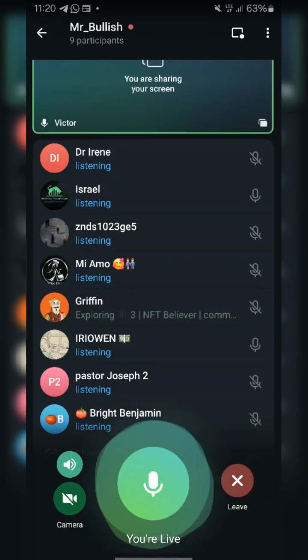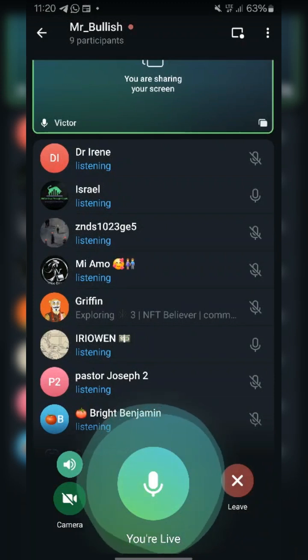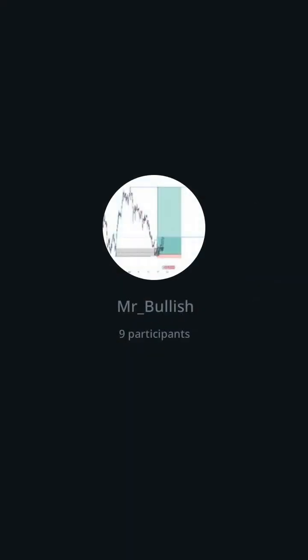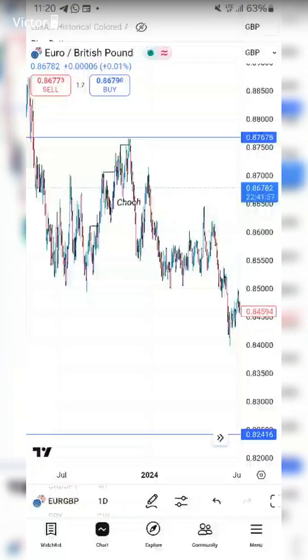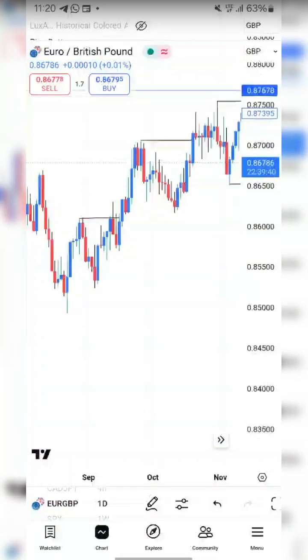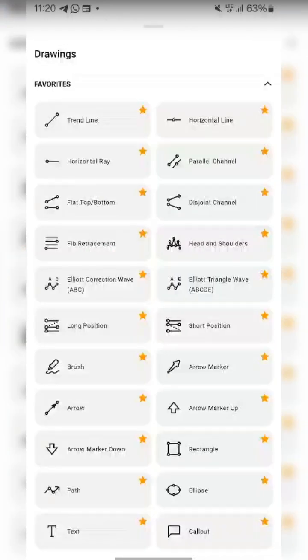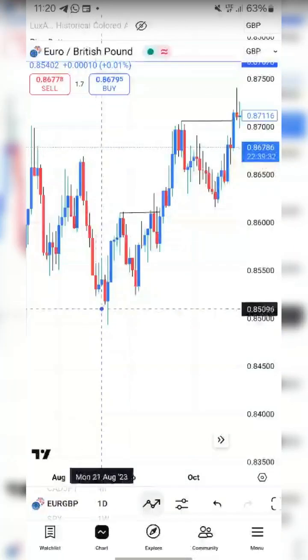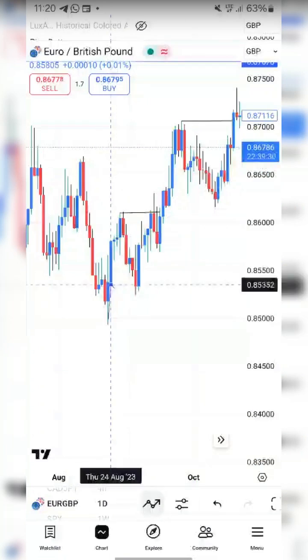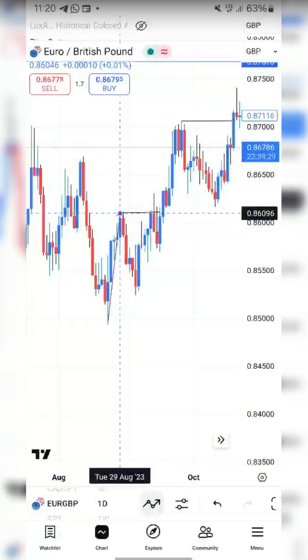Okay. So if you understand impulsive and retracement, you see, let me go to the chart and show you this thing one more time. So what we have here is actually the same as what I've been explaining. Let me show you. From here, we have the market coming to this point.